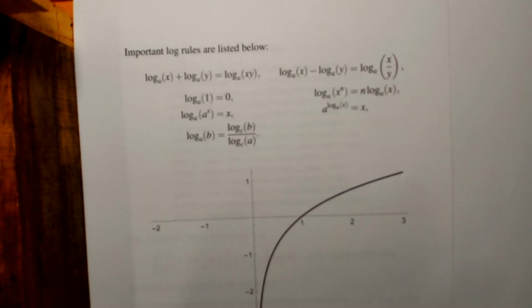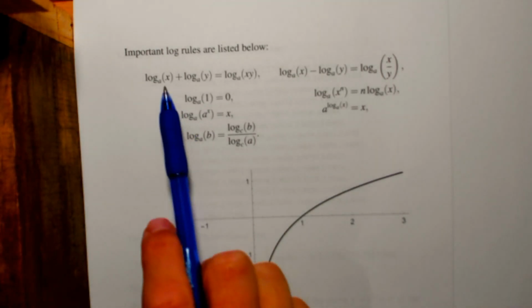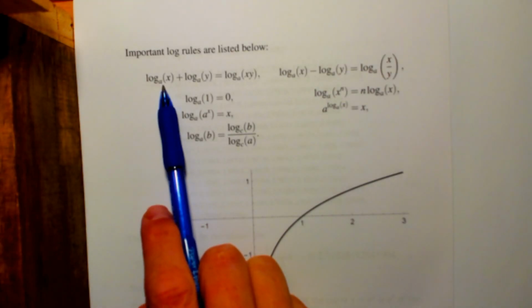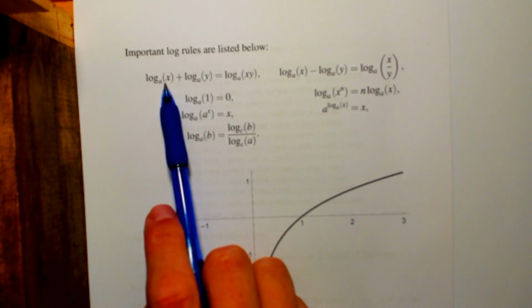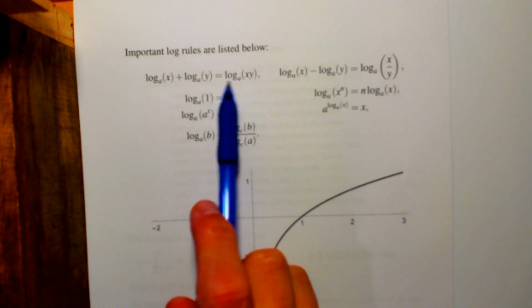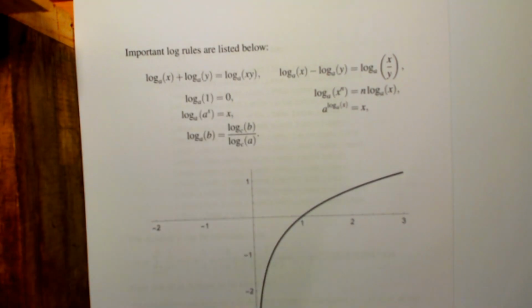Alright, now this is an important page right here because it just lists all of the relevant log rules that you might use. So let's go over these carefully. The first one says that the log of a product is the sum of the logs, okay?